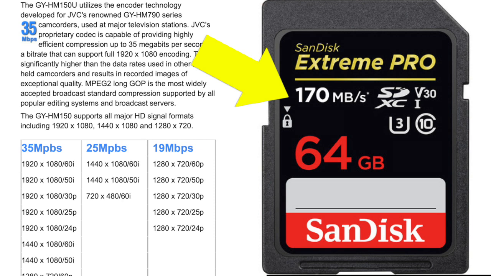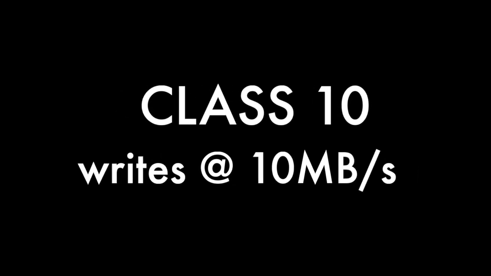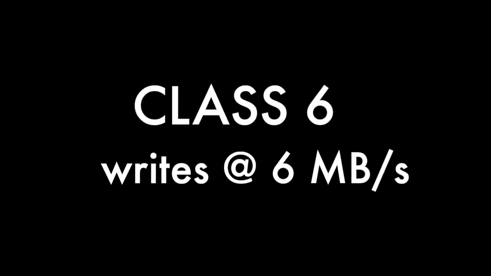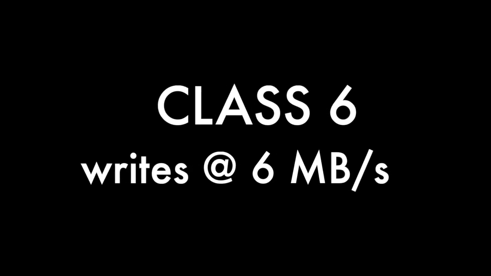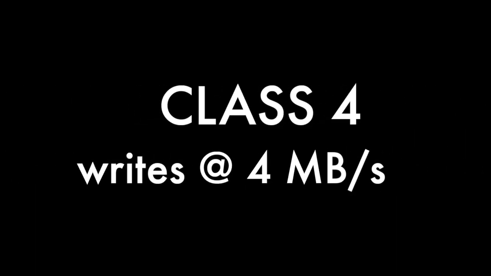And you can find the speeds are related to the classes. So a class 10 records at 10 megabytes per second. A class 6 records at 6 megabytes per second. A class 4 records at 4 megabytes per second. And the UHS speed of 3 records at 30 megabytes per second.